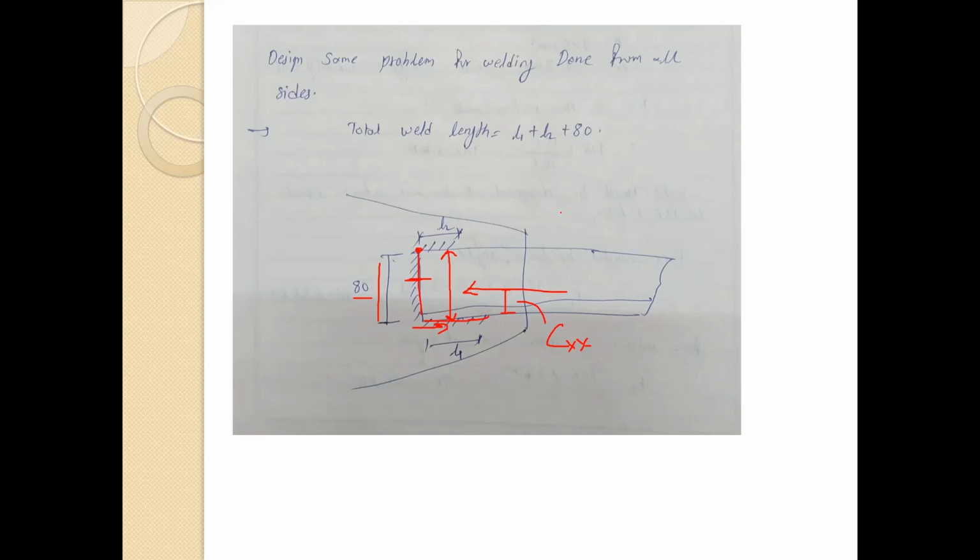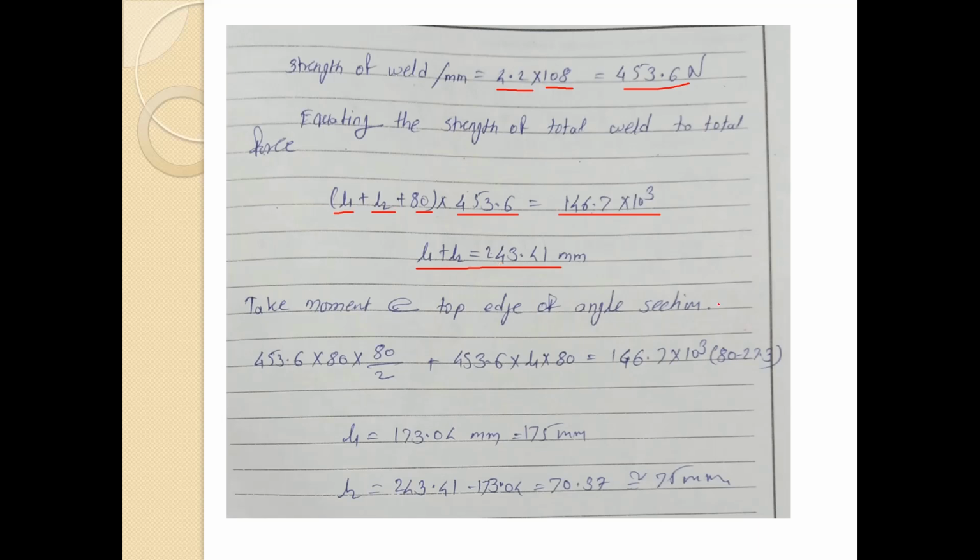So we are taking moment over here. So this distance is 80 minus Cxx, that is 27.3; Cxx is 27.3, we have seen earlier. So by solving this equation we will get L1 equals 173.4 mm, and we are providing it 175 mm.